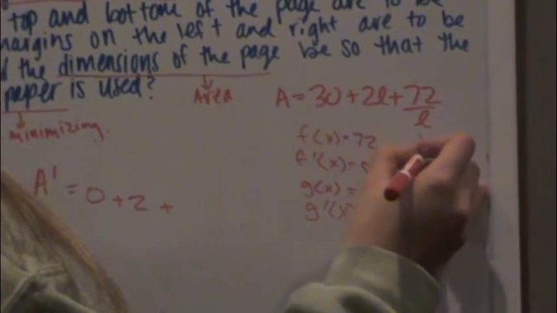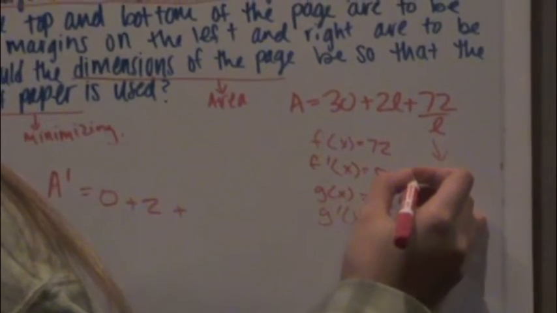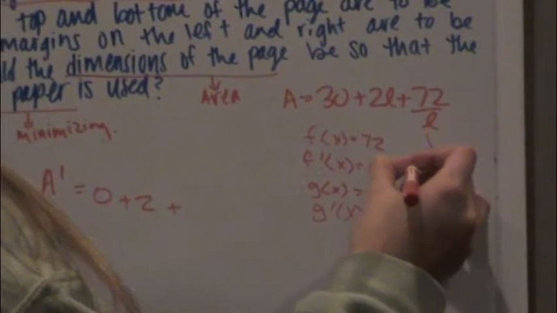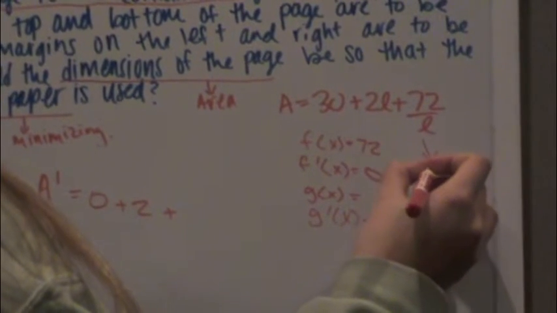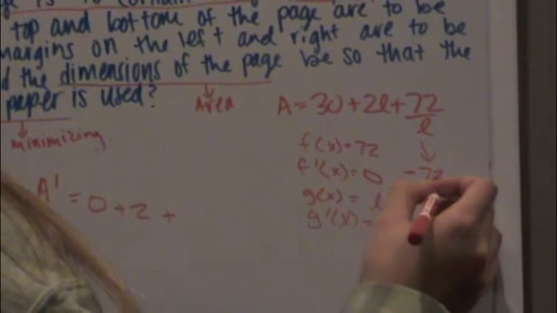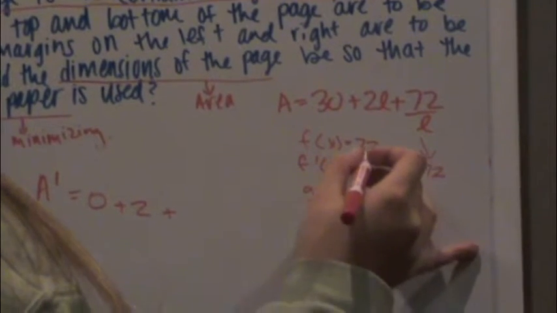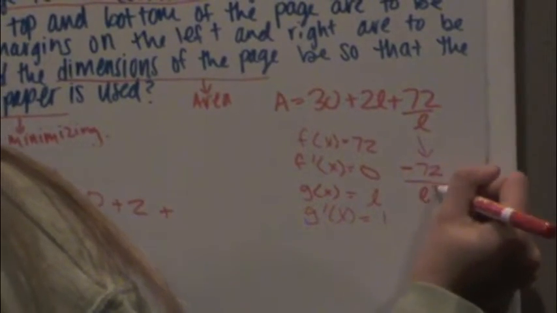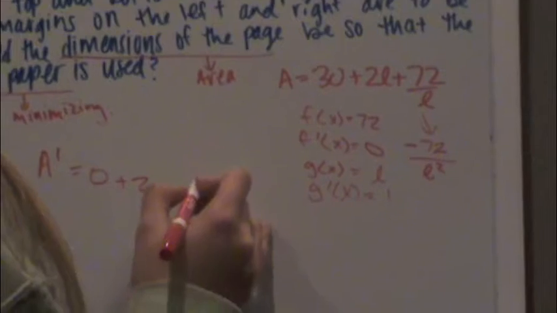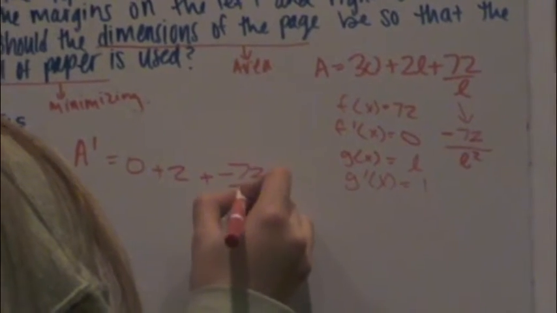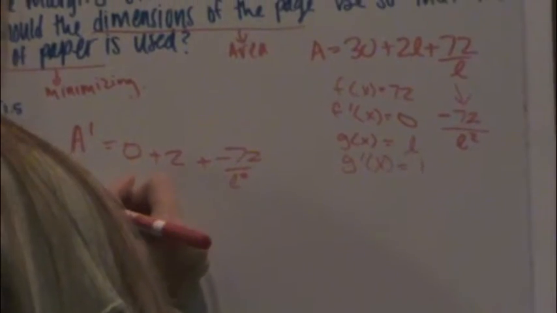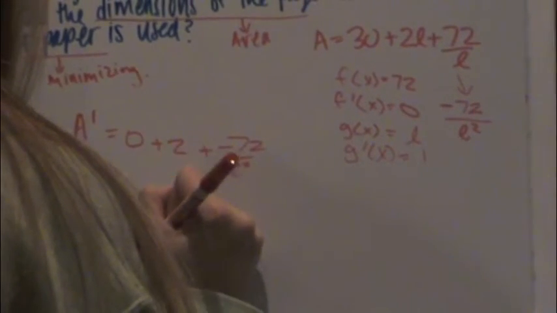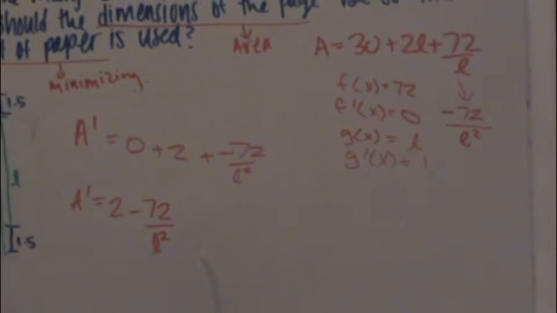So we get 0 times L, which is 0, minus 72 times 1, over the denominator squared, L squared. This simplifies to A prime equals 2 minus 72 over L squared.